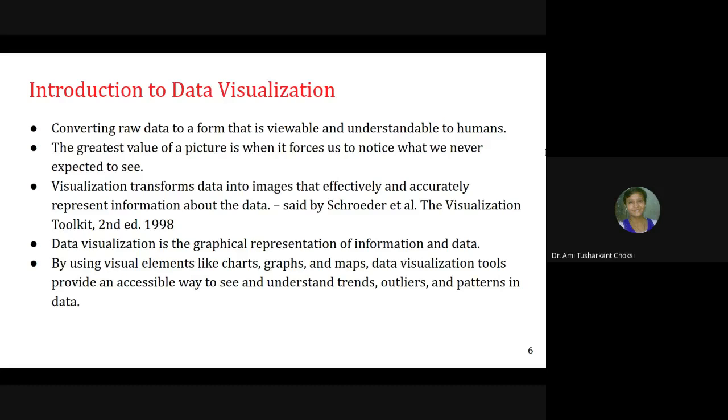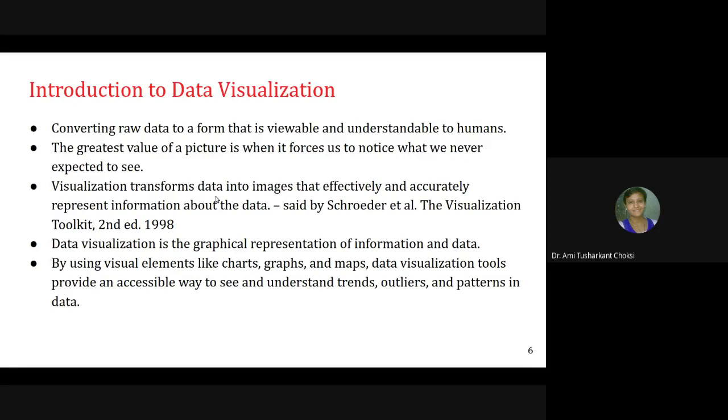See, it is always preferred that if you show a picture, people can understand well instead of speaking 100 words of the same, right? The greatest value of a picture is when it forces us to notice what we never expected to see, right?